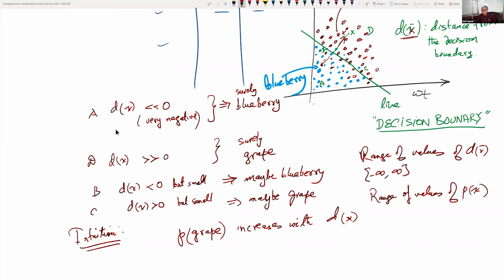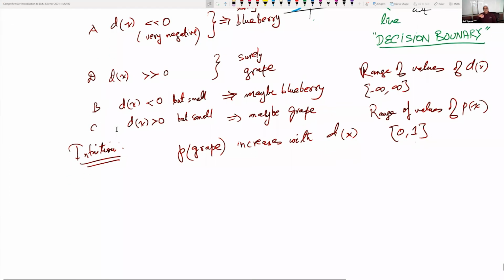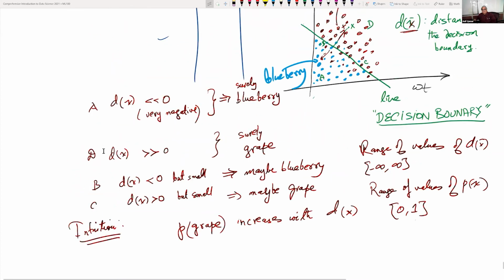What is the range of values of probability? 0 to 1. But we know that there is a monotonic relationship. When d increases, the probability of it being a grape also monotonically increases. It shouldn't be that the distance increases anywhere and the probability decreases, isn't it? It's a very linear movement.